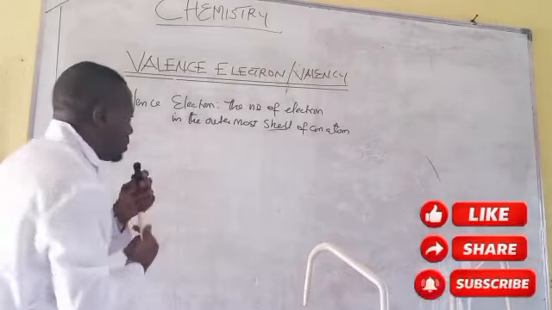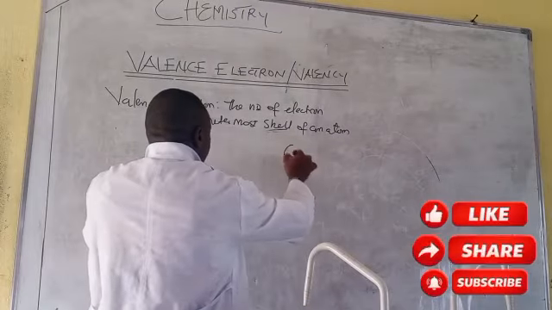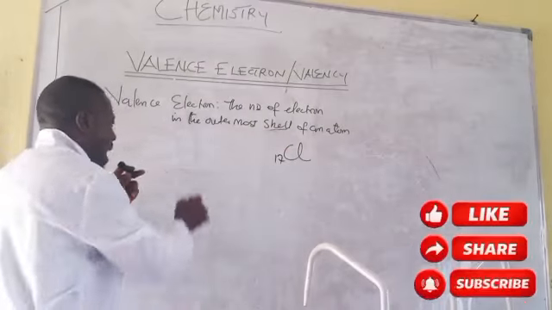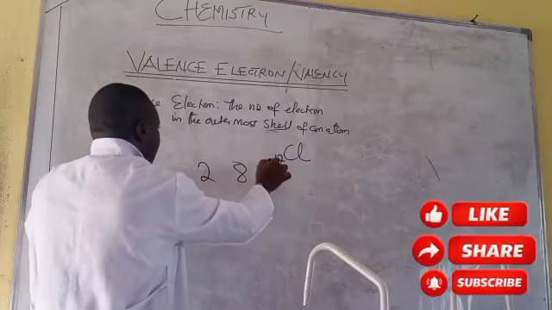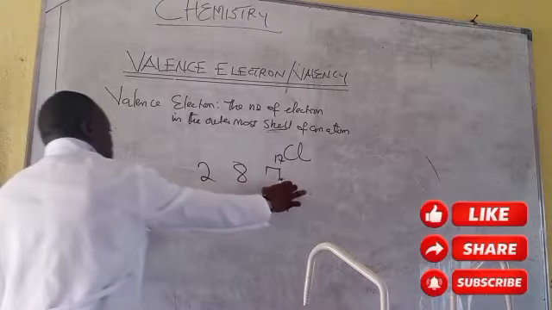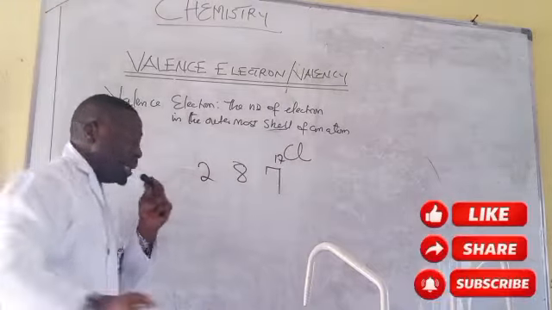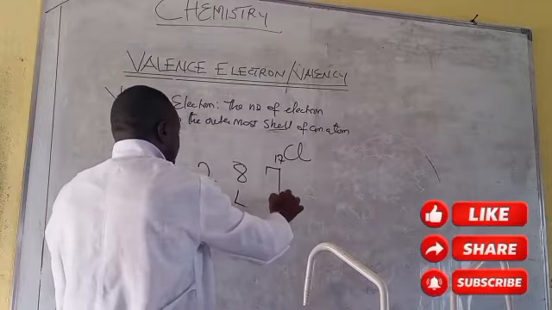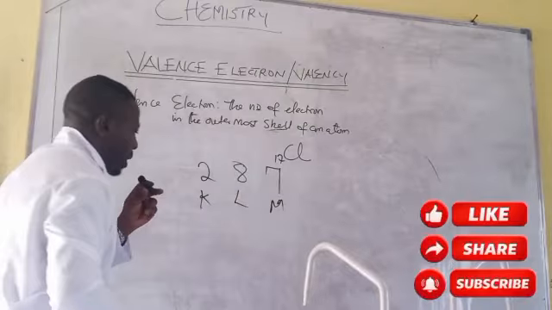Let me do chlorine. Chlorine is number 17 in the periodic table, and we have 2, 8, 7, because 2 plus 8 is 10, and 10 plus 7 gives 17. This is your K shell, this is your L shell, and this is your M shell. Now I'm going to draw.